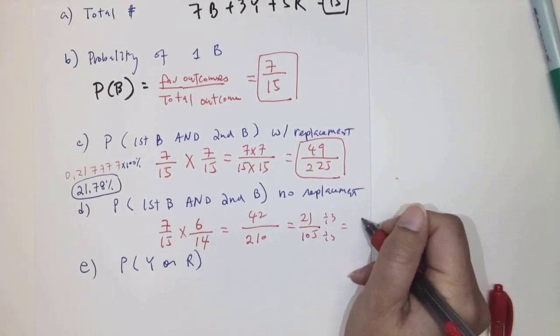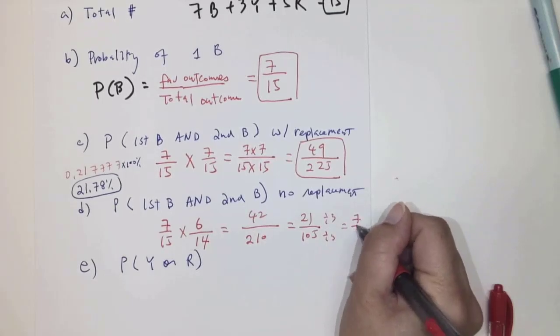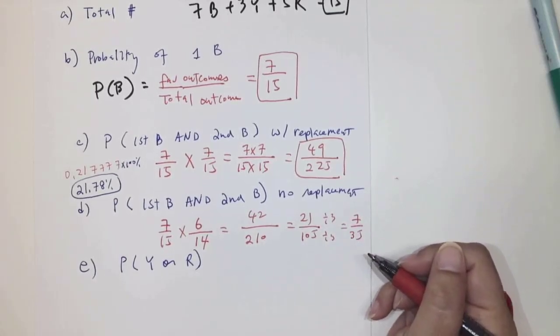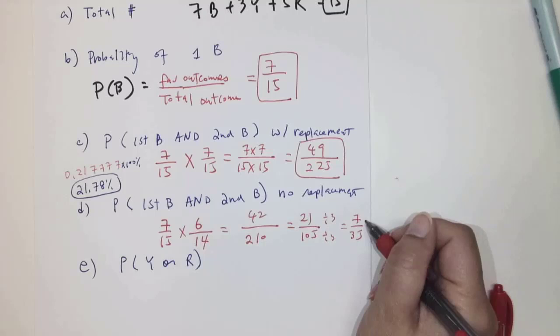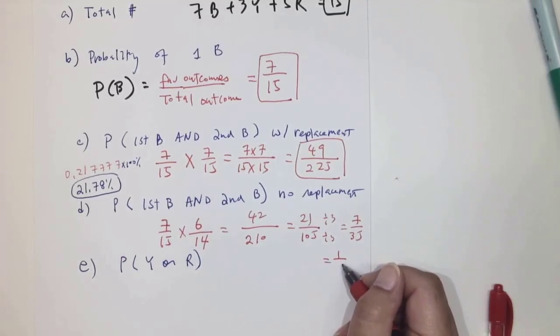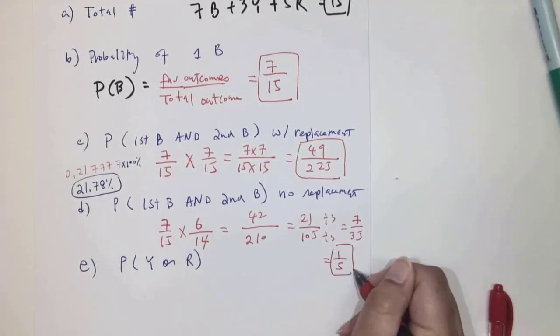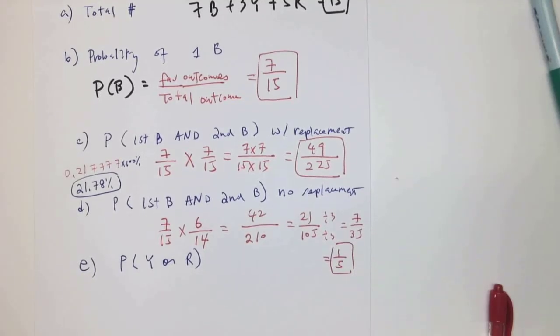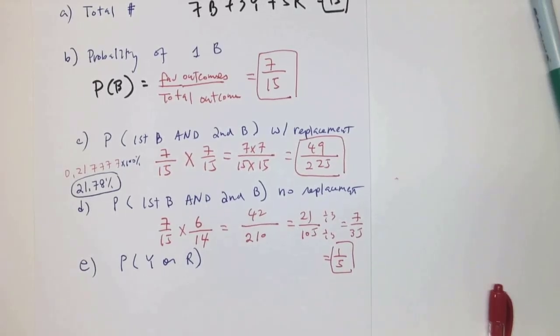What do we get? 7 over 35. Looks like both of them can be divided by not 5, but 7. So 7 times 1 and 7 times 5. Okay. So if it's a fraction and it can be reduced, you have to reduce it. If I turn it into a percentage, what would that be?